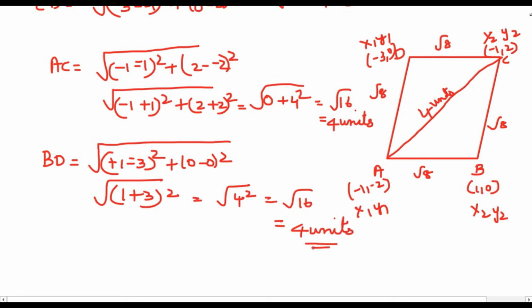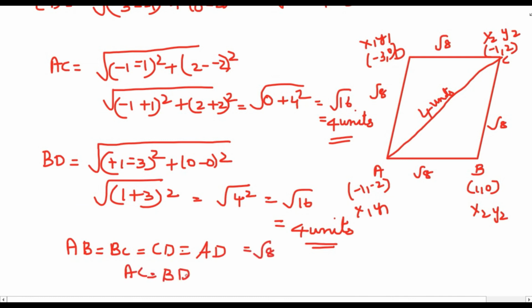So BD is 4 units, AC is also 4 units and the four sides are equal. So I can say AB equal to BC equal to CD equal to AD equal to root 8 and the diagonal AC equal to BD equal to 4 units. So the quadrilateral ABCD is a square.